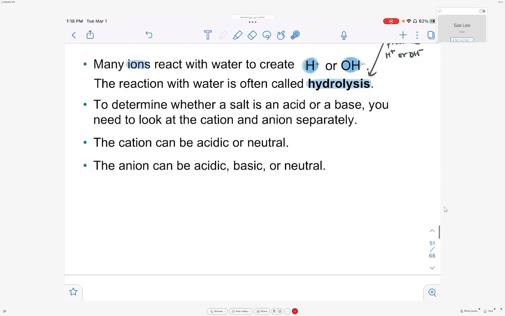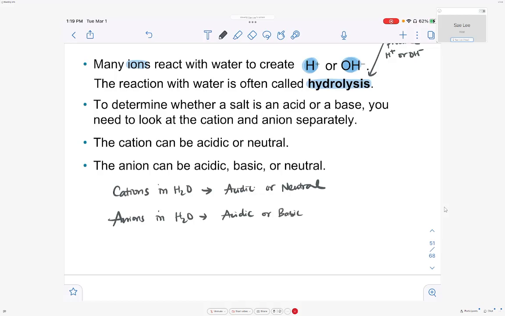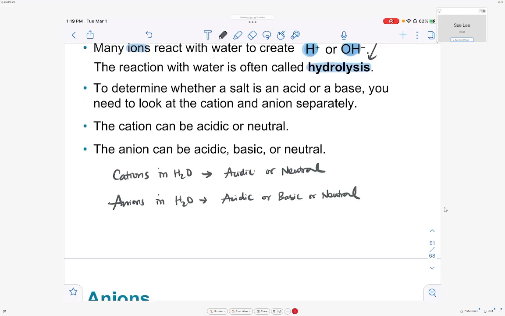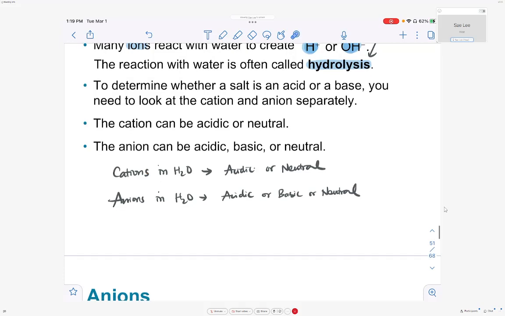So cations in water can be acidic or neutral. Anions in water can be acidic, basic, or neutral. Let's take a look at acid-base properties of these cations and anions in more detail in the next few slides.